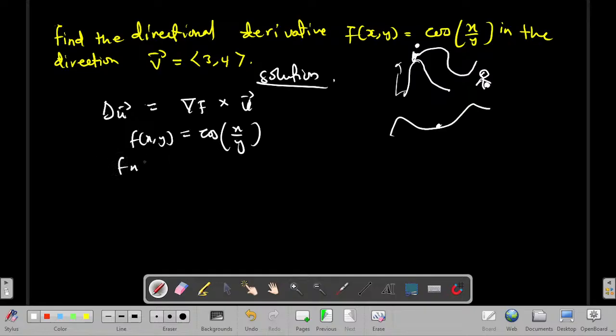Therefore, fx is the change with respect to x, and fy is the derivative with respect to y, with a negative divided by 1.